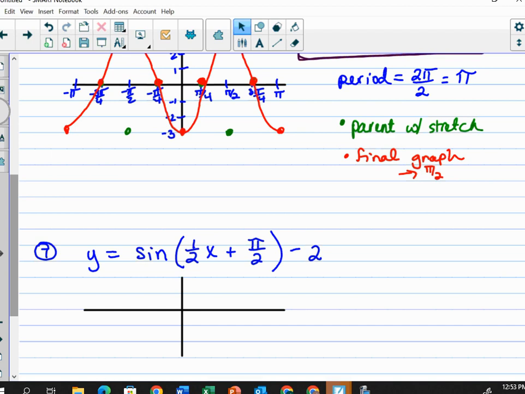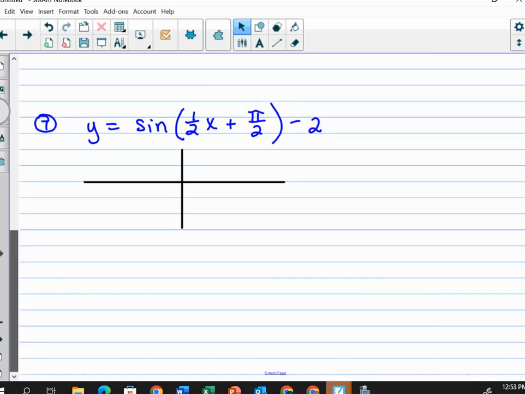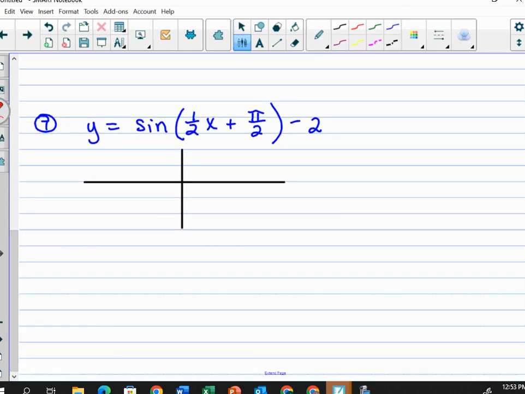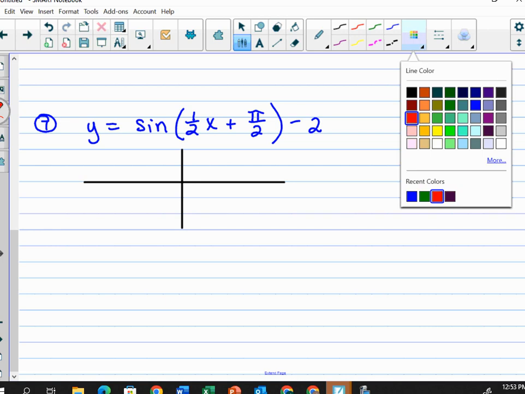Guys, I'm going to write the factored form just to make sure we're okay with that and you're graphing the right thing.